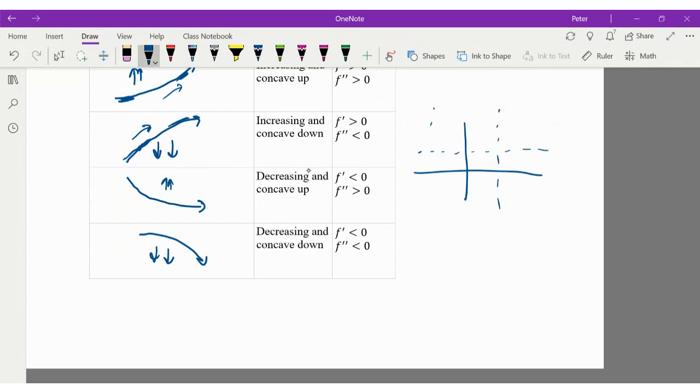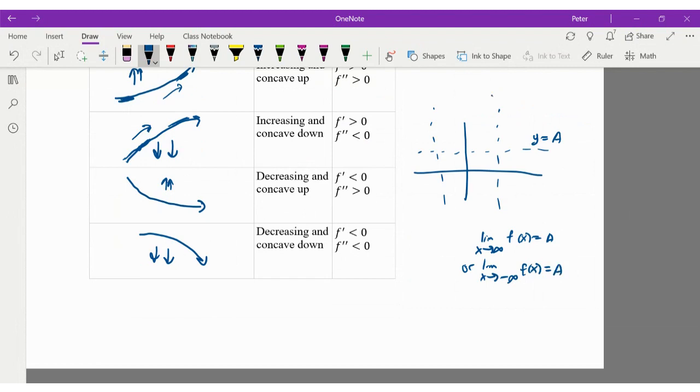We learned about asymptotes, and we learned that y equals a is a horizontal asymptote if the limit as x approaches infinity of f of x equals a, or the limit as x approaches negative infinity of f of x equals a.